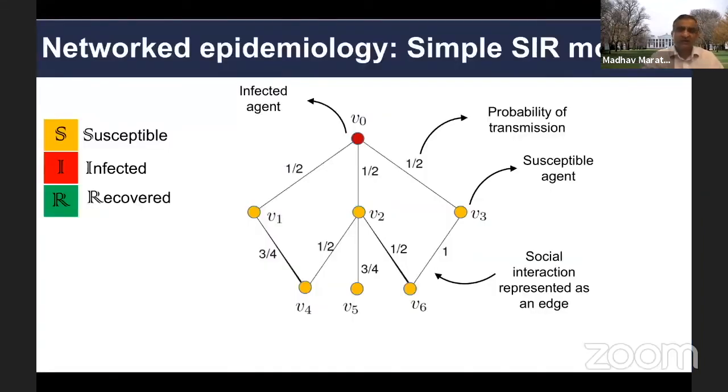So the basic idea is very, very simple again. Just like the models I talked about in the ODE case, you have 3 states. You take a graph, and each node can be in one of the 3 states: susceptible, infected, or recovered. The edge labels denote the transmission probability. In this case, the red node is initially infected and tries to infect V1, V2 and V3 independently with probability half.